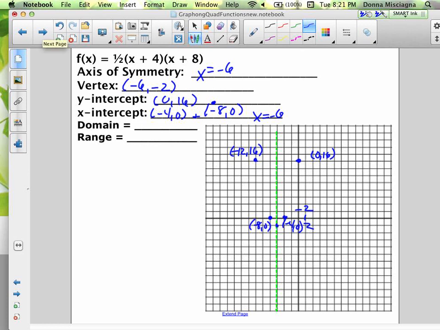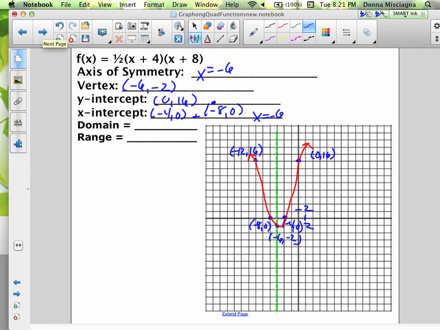That would be right here. Now it would be (-6, -2). So if you haven't graphed it, now you can have it fit on the graph. I probably should have just stopped and regraphed it. I decided to do it afterwards. And there we go. Oh, except for domain and range.